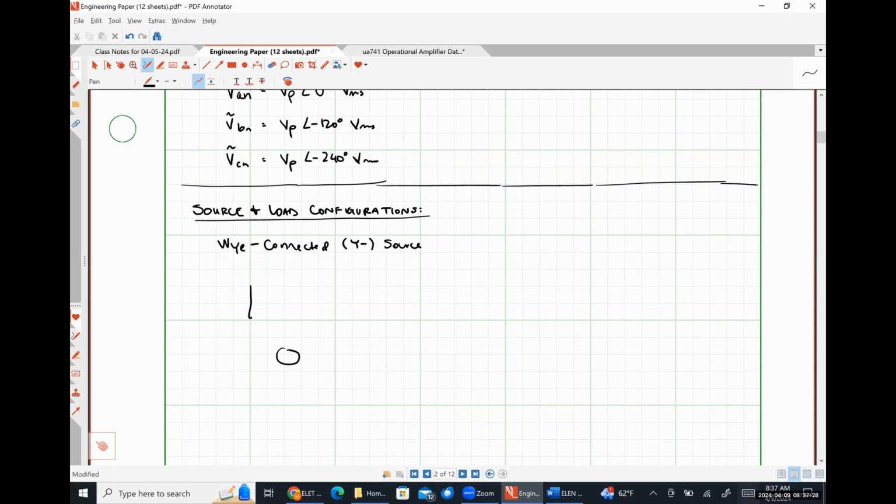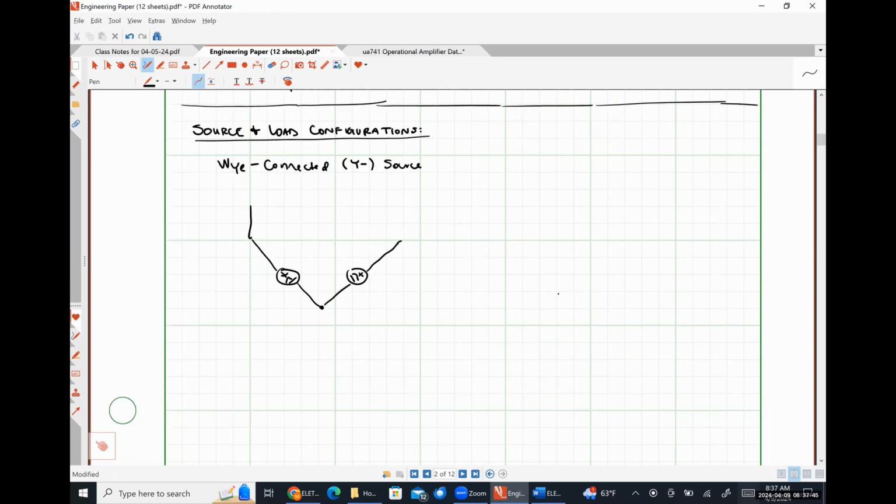I'm going to put a voltage source here on this diagonal like so. Another voltage source here on this diagonal. Oops, that should be negative.